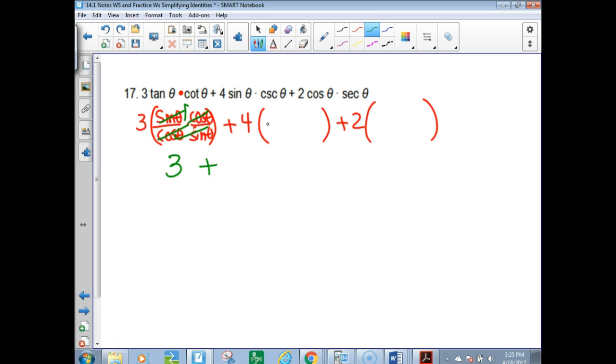Sine theta times 1 over sine theta. They're reciprocals. What do you get when you multiply reciprocals? 1. So this is 1 plus 4. And over here, cosine theta times 1 over cosine theta is 1 again.